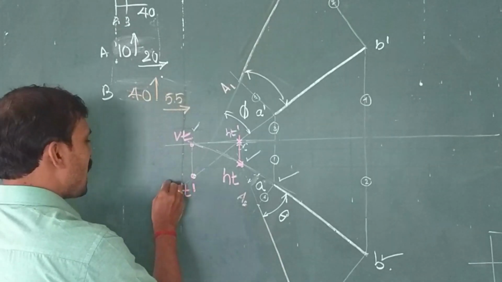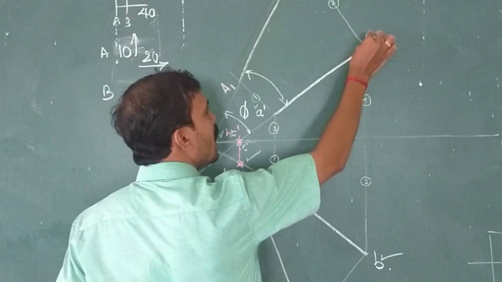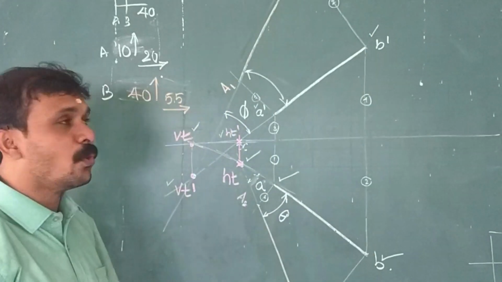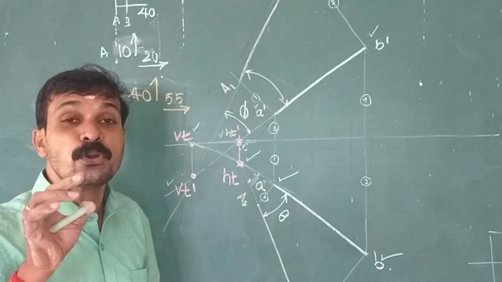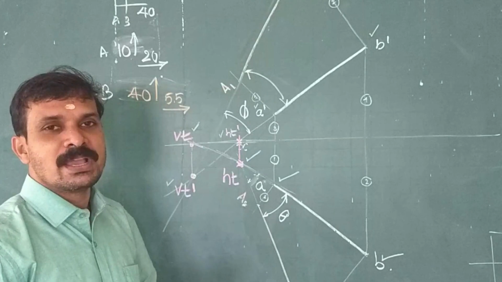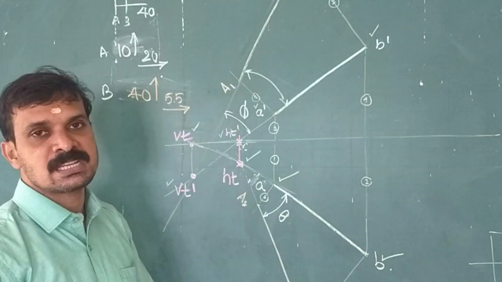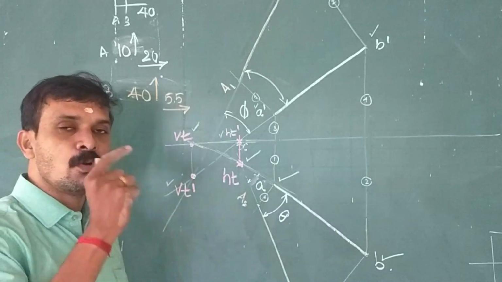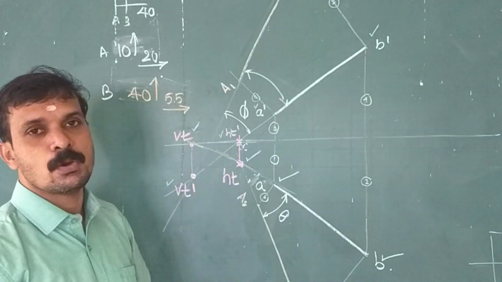Similarly, this Vt dash, this ht dash, this A dash and this B dash, all these 4 points are lying on the same straight line. That's an important property of traces. So, A dash, B dash, ht dash, Vt dash will always lie on the same straight line. A, B, ht, Vt will always lie on the same straight line. This is a property of traces.